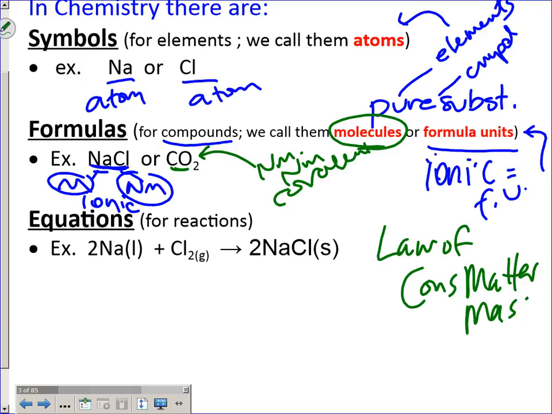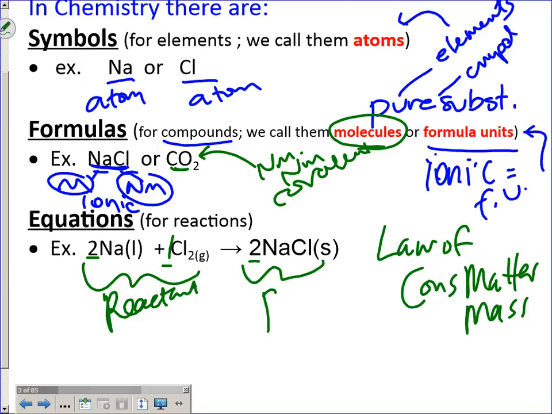And we used the coefficients in the front to show there were the same numbers on left and right. And over here we call them the reactants, because the reactants have to react to make the products. So we've been writing chemical formulas for a little while, but now we're going to learn how to say their names.